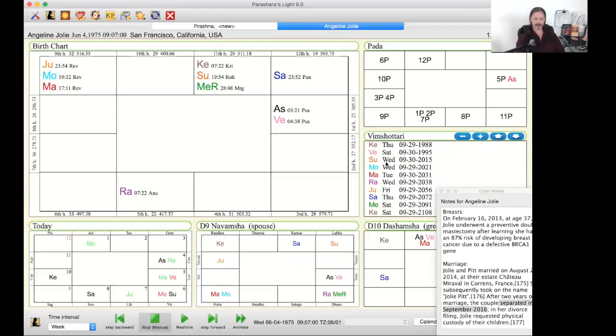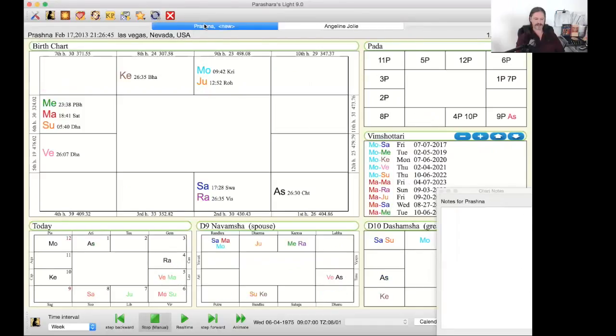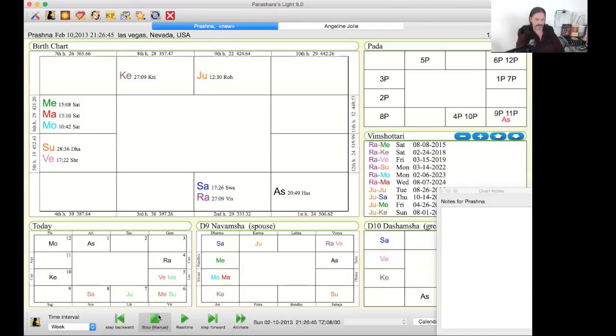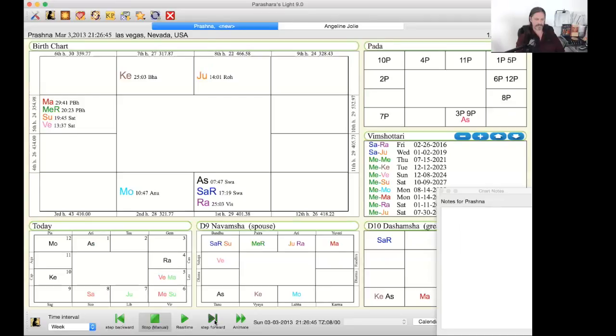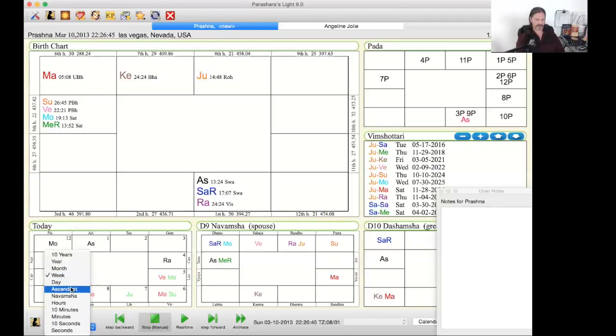At this time, her dashas changed into the Sun dasha in 2015, but she was married at the end of Venus dasha. But again, if we run the transits, we'll see August 23rd, 2014. So let's run the transits forward. Oops, August 2014. Oops, let's run it forward a year.